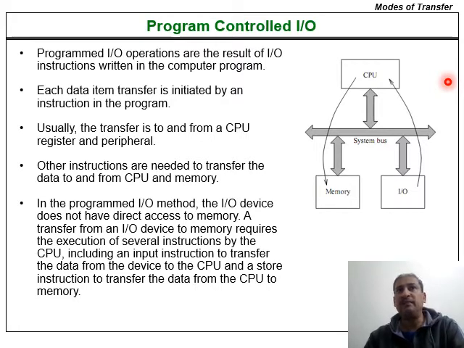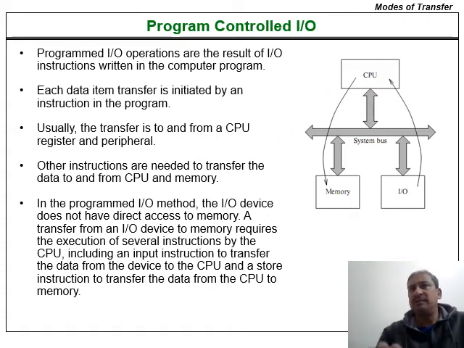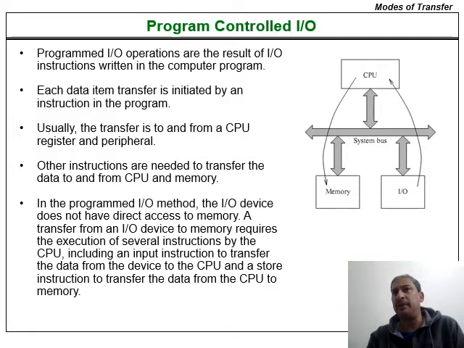Each and every data item that is transferred to the output device or from the input device is done with the full cooperation, full involvement of the CPU. So the IO device does not have direct access to the memory. Whatever data transfer has to take place, whether from memory to output or from input to memory, it has to go through the CPU.